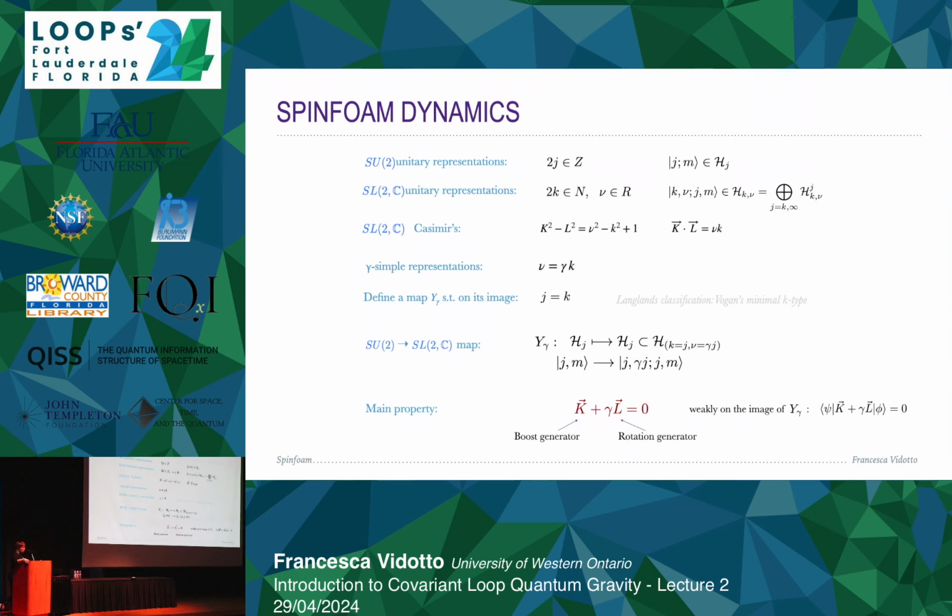The goal in the end is to define transition amplitudes that are fully covariant, and fully covariant means that they need to respect the Lorentz symmetry. And yet I needed to tell how to construct things that sit on the boundary in a way compatible with what is in the bulk. So that's the mathematical construction that allows you to do so, preserving the symmetries.